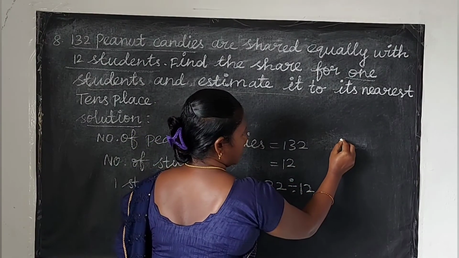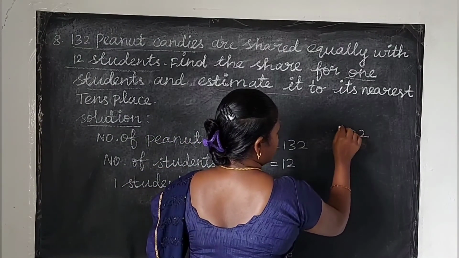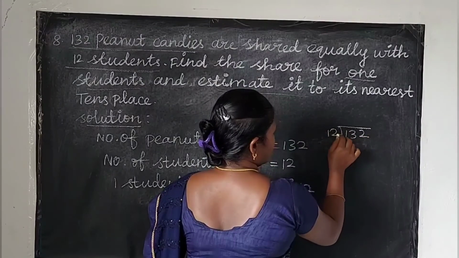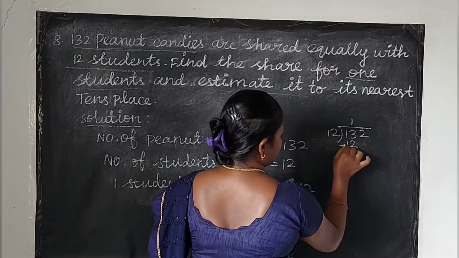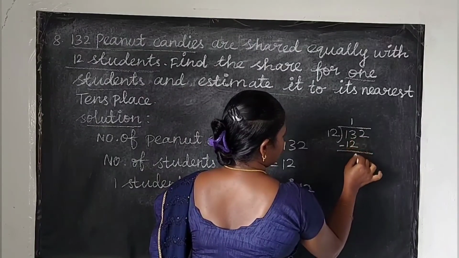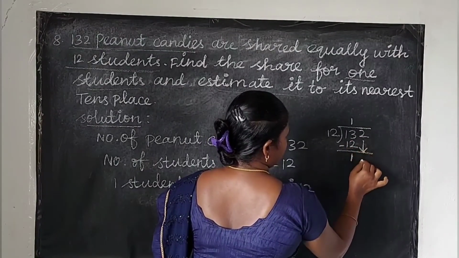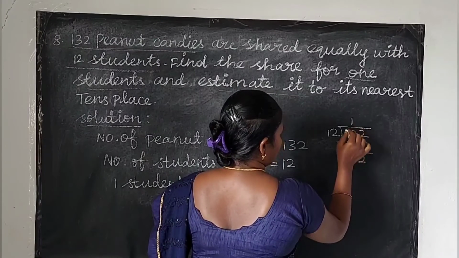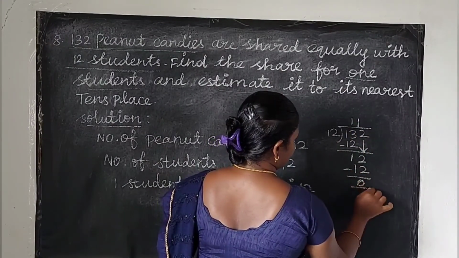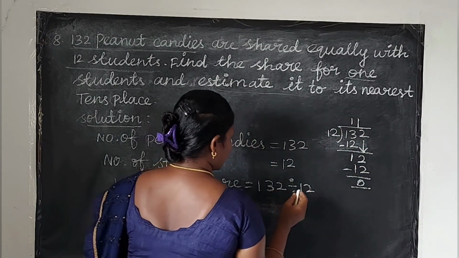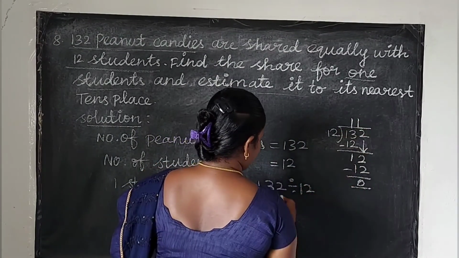Now divide the value, 132 divided by 12. So 1 12 is 12. Subtract the value, 13 minus 12 gets 1. Take next digit 2. So again 1 12 is 12. Subtract the value, get 0. So 11 is the value.